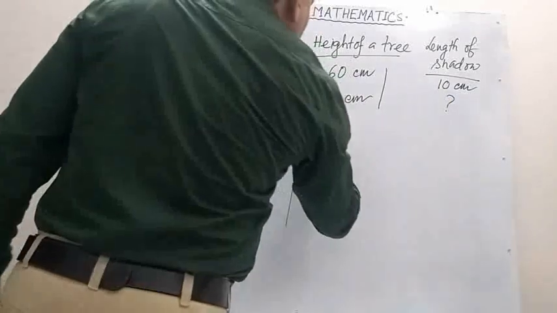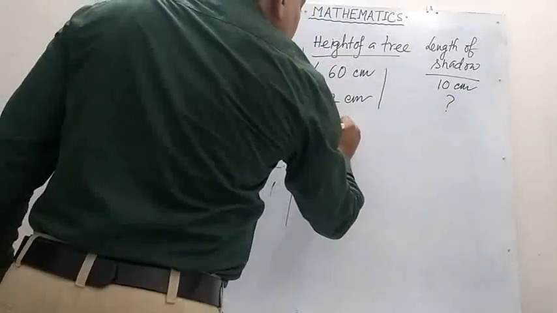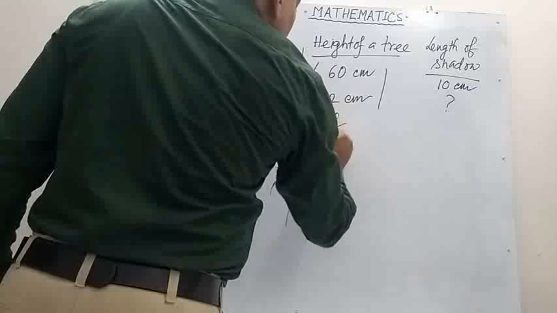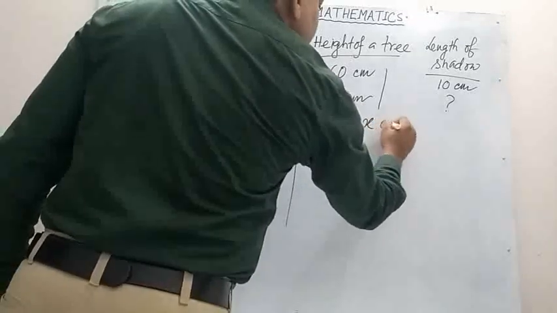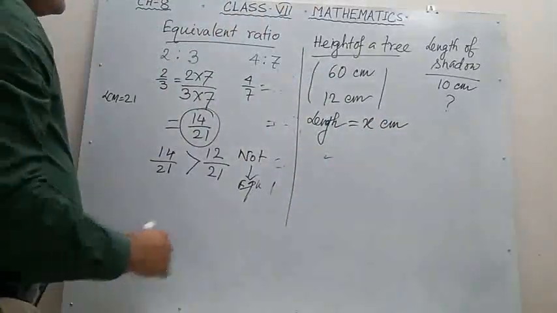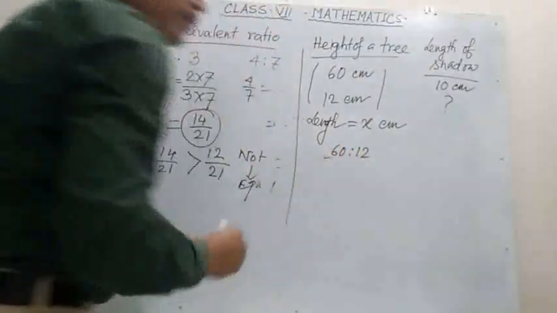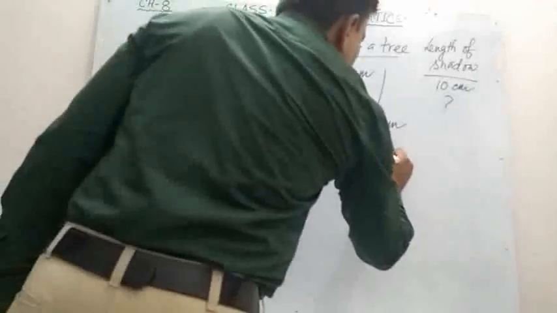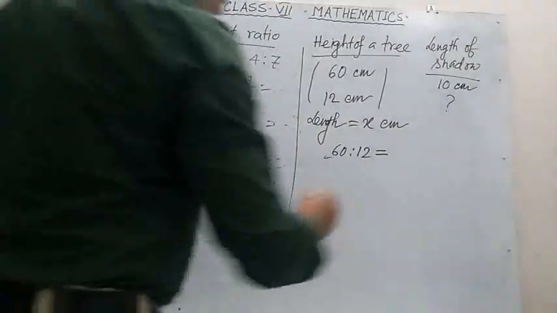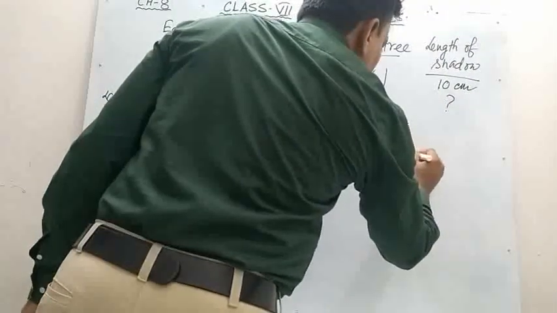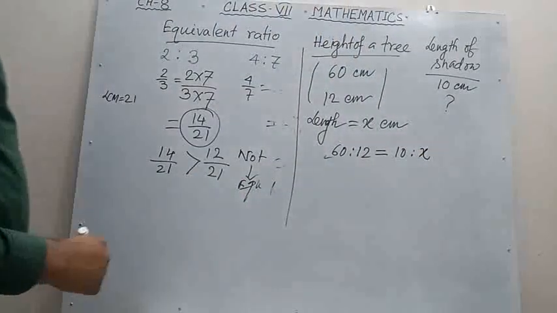Suppose I take the length equals x centimeter. So 60 is to 12, this ratio equals 10 is to x.